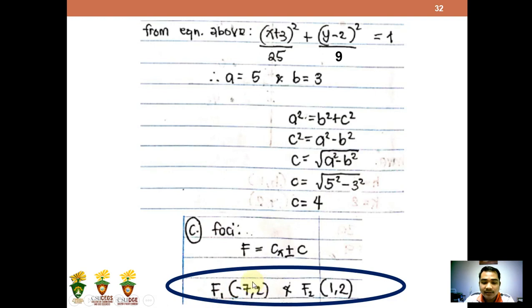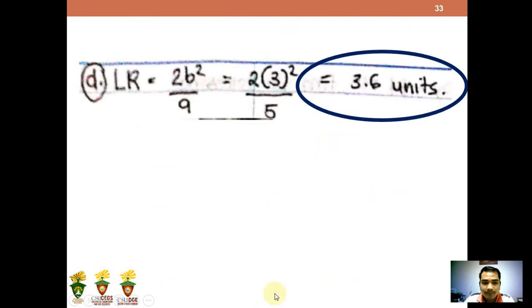Then its y coordinate remains as 2. Next, we need to determine the latus rectum. We have the formula 2b squared over a. Substituting the values of b and a, which are 3 and 5, we have the latus rectum equal to 3.2 units.